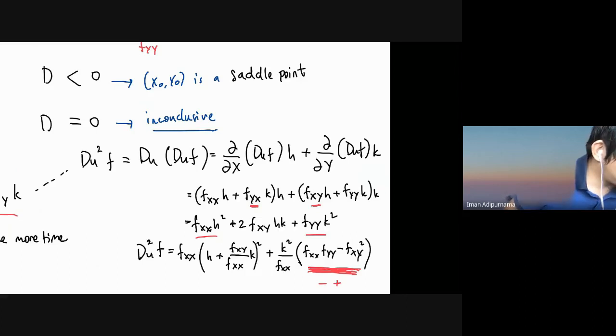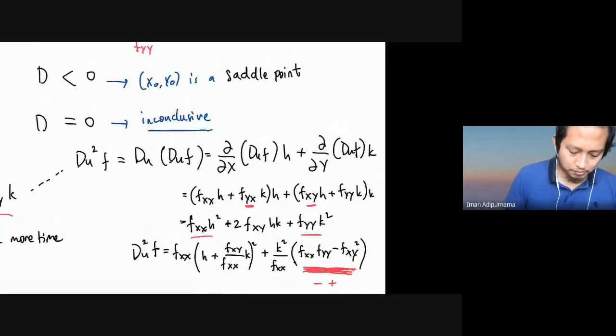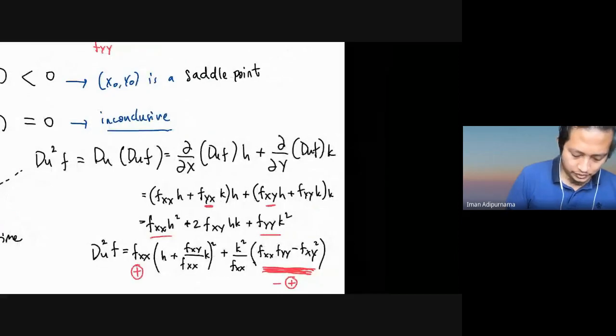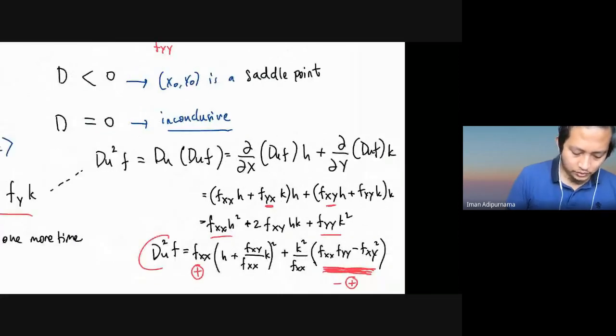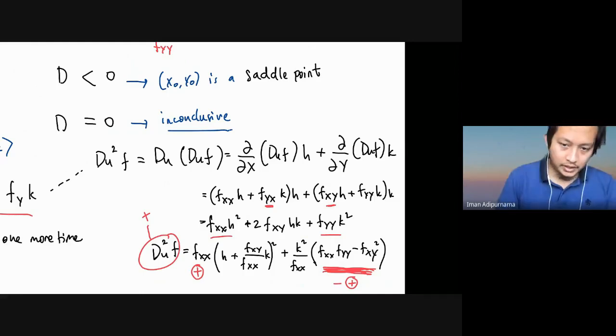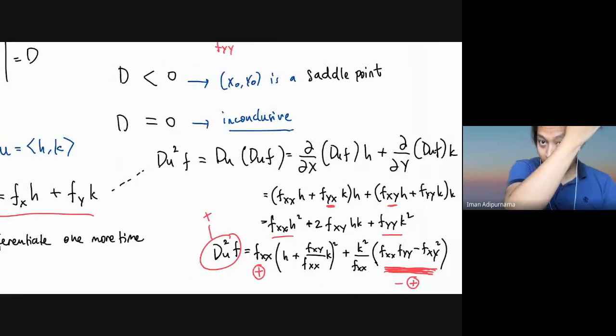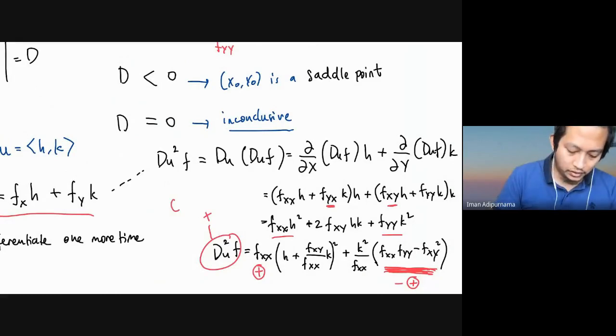So if you look at the equations, every time this is positive and the D is positive, then this will be positive, right? And we will see that through the concavity, it will be concave upwards.